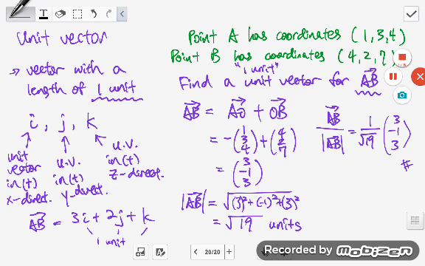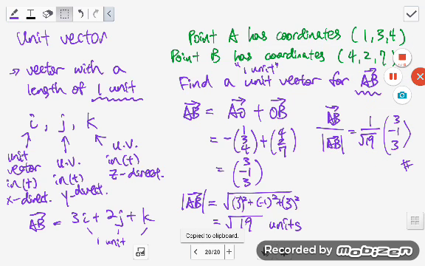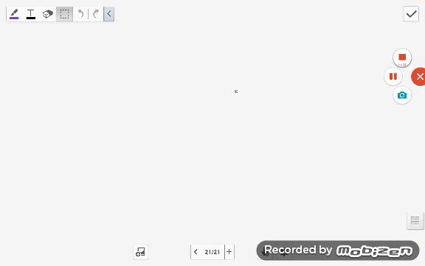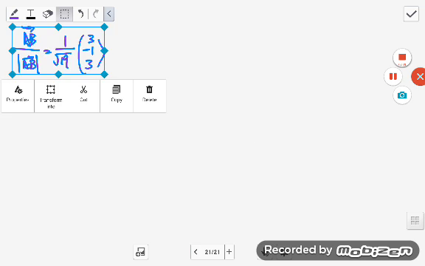Oh wait, let me do a little bit more on unit vectors. Okay, so just now we've found a unit vector in the direction of vector AB. Now how can we prove that it is actually a unit vector? All right, so I'm going to do this on the next page. Okay, so we now know that unit vectors have a length of 1 unit, right?